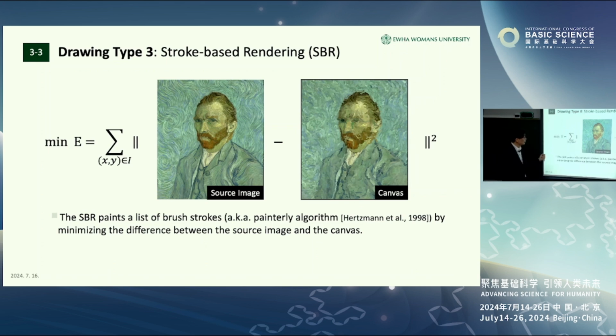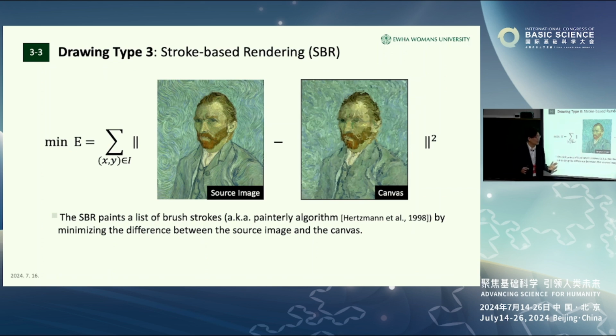Stroke-based rendering is a very well-known non-photorealistic rendering idea in computer graphics, which basically solves this problem: given an input image, find a sequence of strokes, typically a fixed number of strokes, to approximate the original image. Of course, this has been studied for a long time, since the late 90s; it's a quite old and very well-known technique.